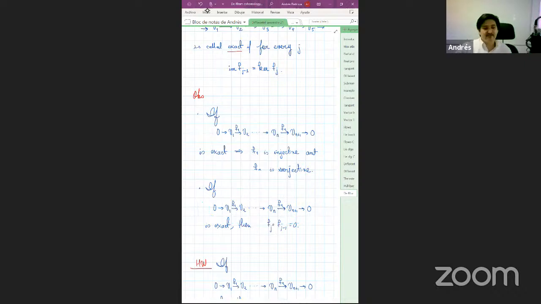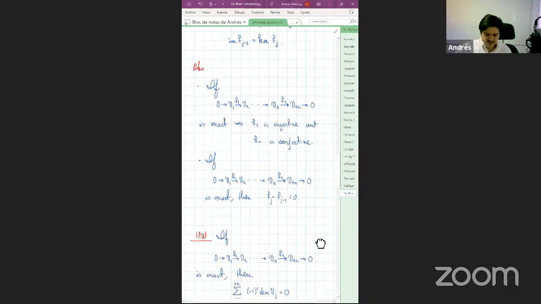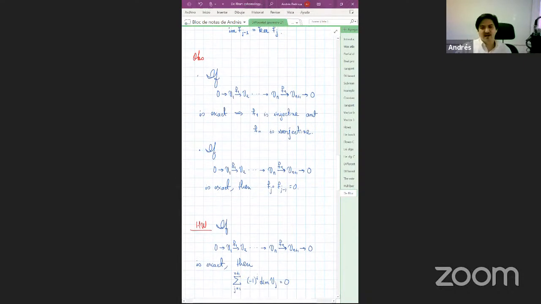So if I have a finite exact sequence, we have the following relation among the dimensions of the vector spaces. The alternating sum of the dimensions will give you 0. Okay? So try to prove that. This is linear algebra concepts.